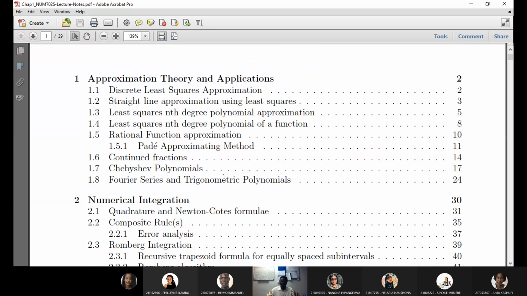The first component, which is approximation theory, is about approximating a function. Let's say, for instance, you have a set of data points, and you want to represent that set of data points using a function. There are many ways that the data points can be approximated, and the main heading for that is approximation theory.